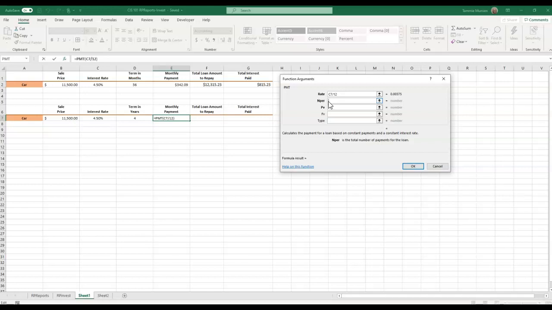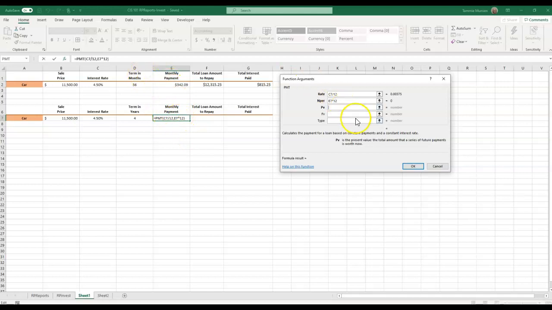So what I have to do is take cell E7 and multiply that by 12. And then, did I do E7?